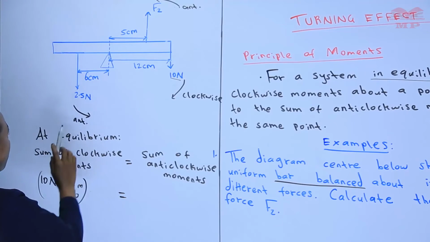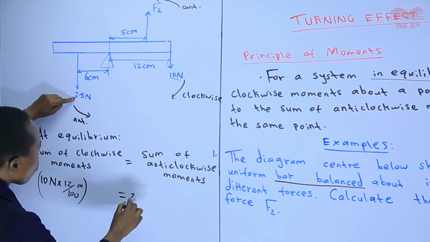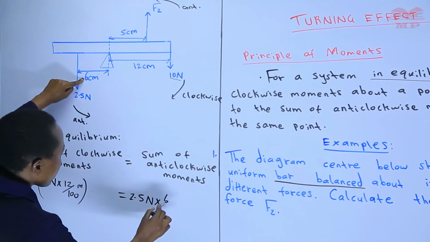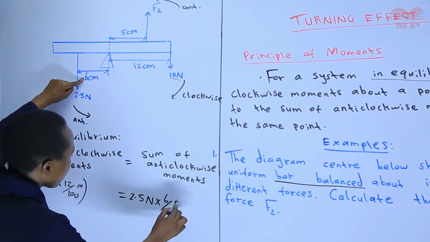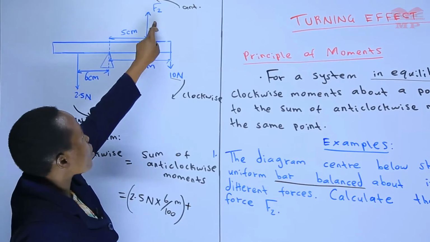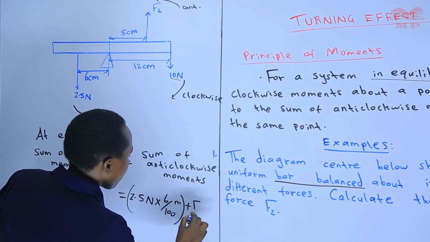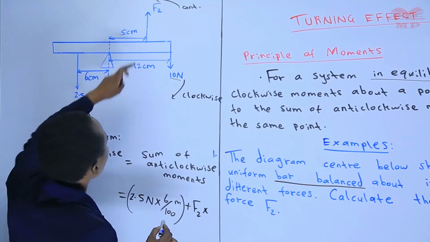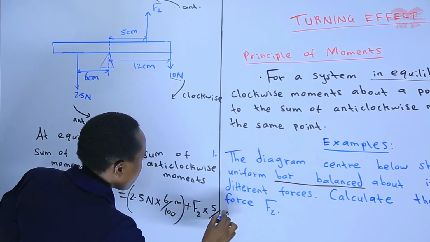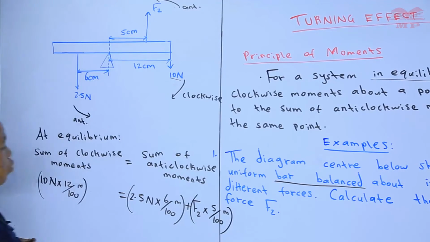We have this as our first one. The force is 2.5 newtons and the distance is 6 over 100 meters. Plus, we have another anticlockwise moment given by force F2 multiplied by the distance, which is 5 over 100 meters. So that is what we have.